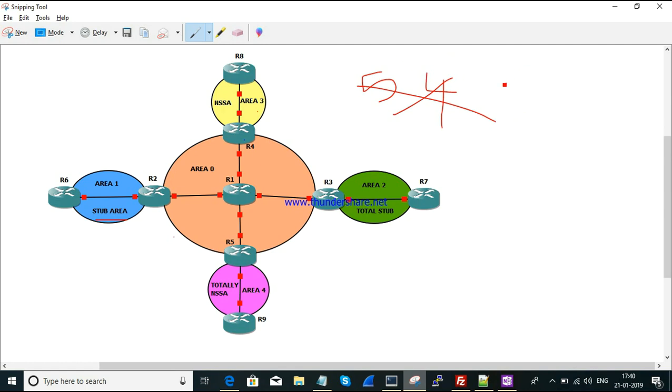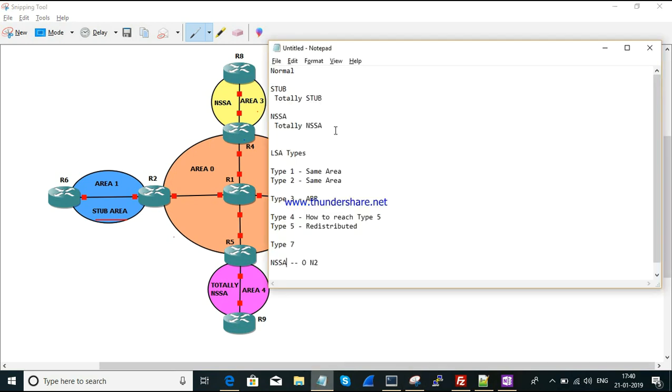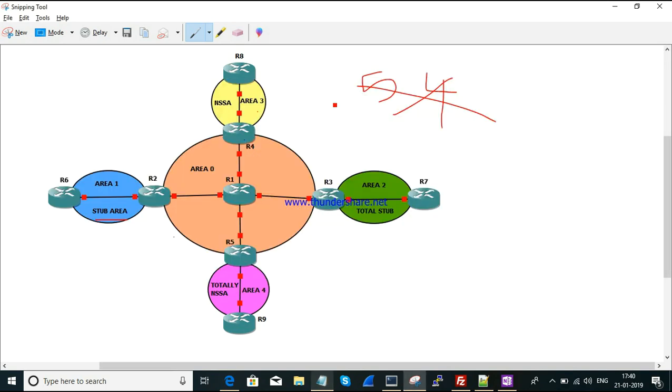Additional to type 5 and type 4 LSA, it even blocks type 3. The totally stub blocks type 3 LSA also.